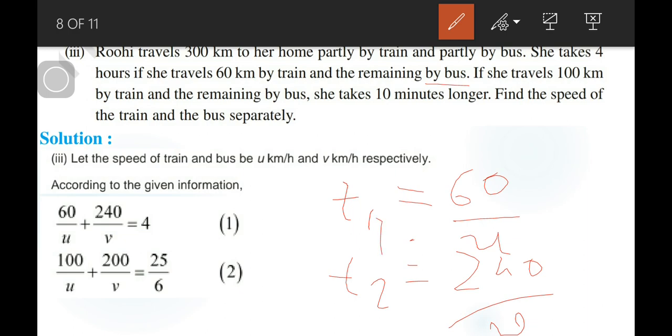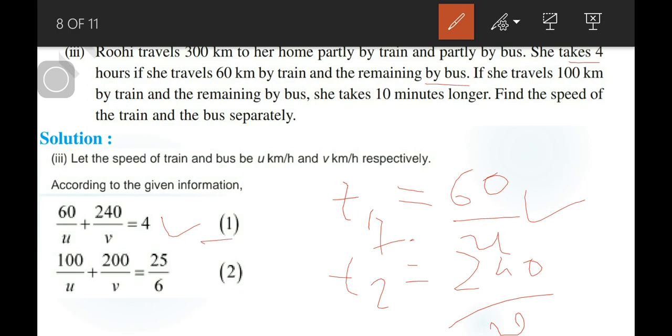So t1 plus t2, the total time, is given as 4 hours. So we get 60 by u plus 240 by v is equal to 4.